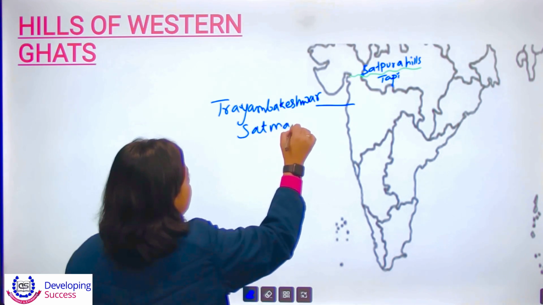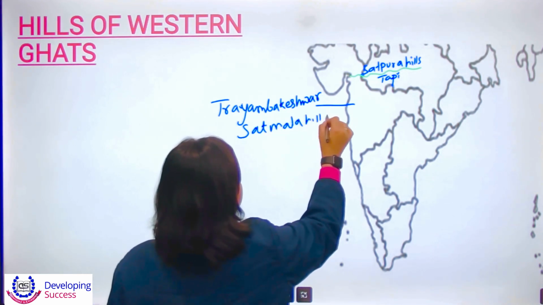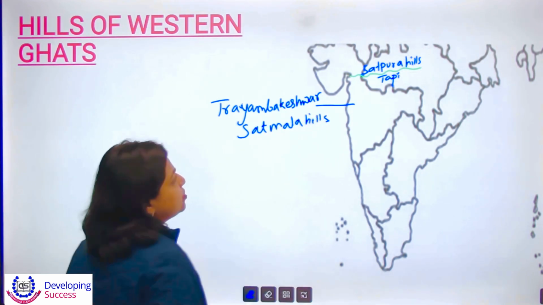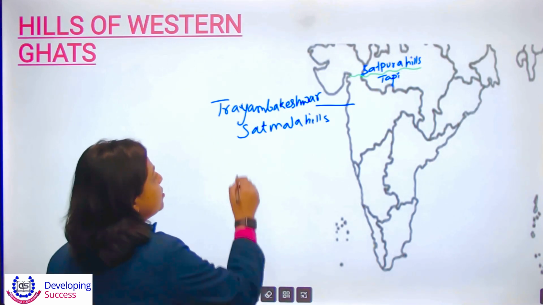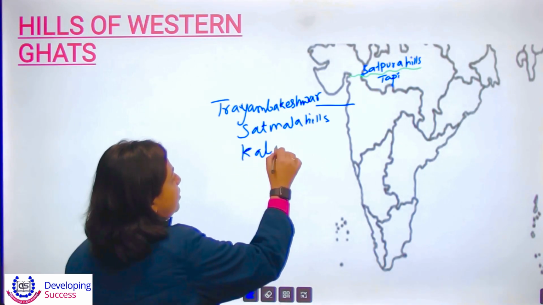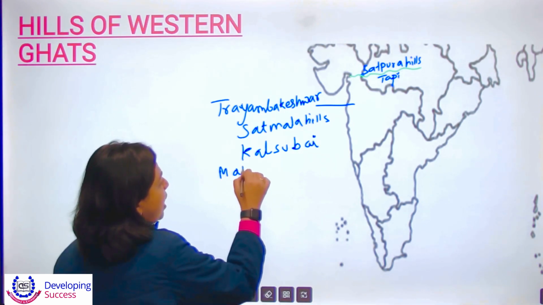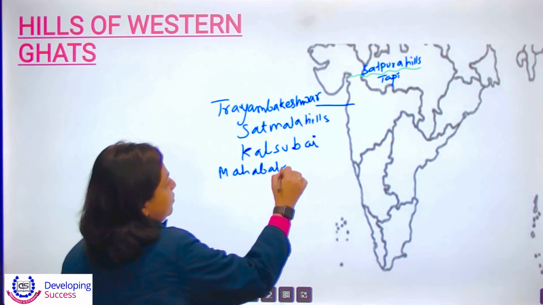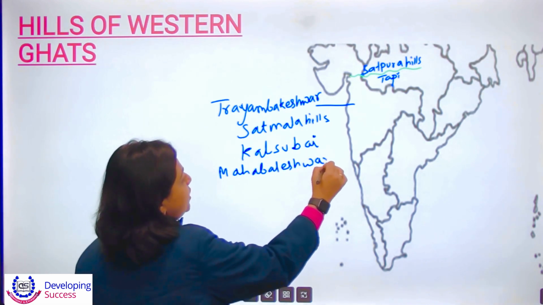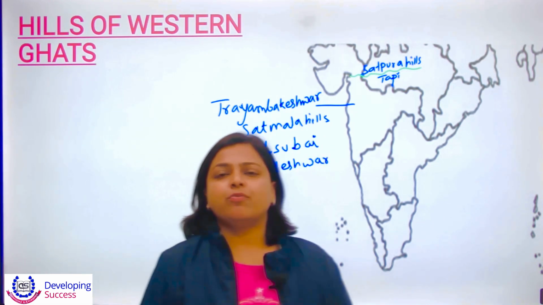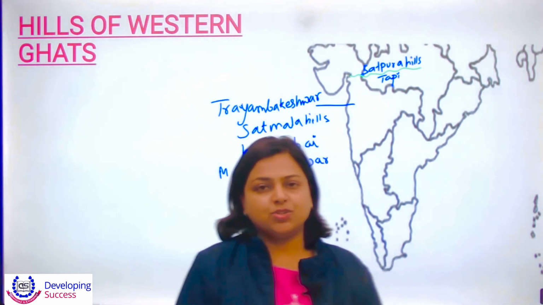Other than this, in Maharashtra we have Kalsubai, which you should remember, and then we have Mahabaleshwar. These are some of the important ranges of the Western Ghats in Maharashtra.